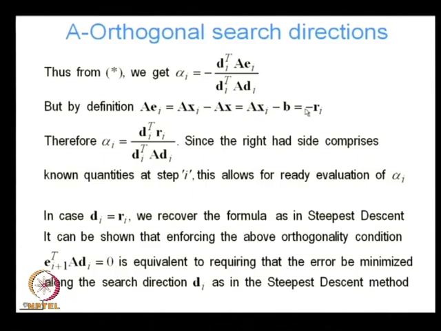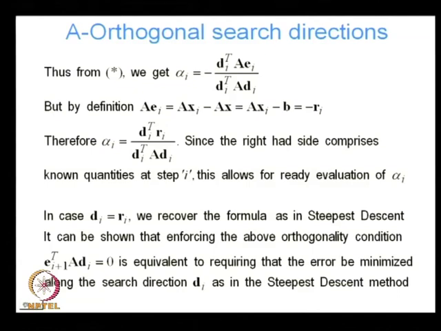So, I already know the residual at i, and I can use that here. So, I have minus di transpose ri over di transpose A di. Now I know everything. I know the direction that I have to travel, and I know the residual at the ith iteration.